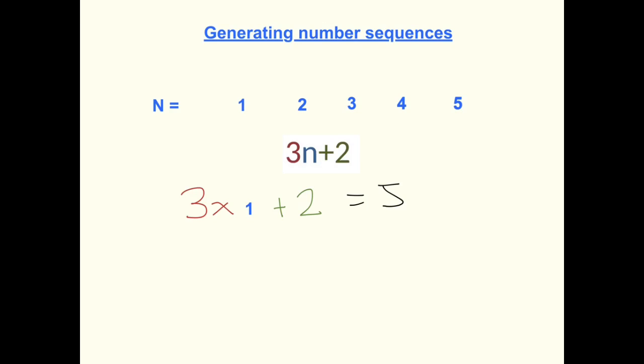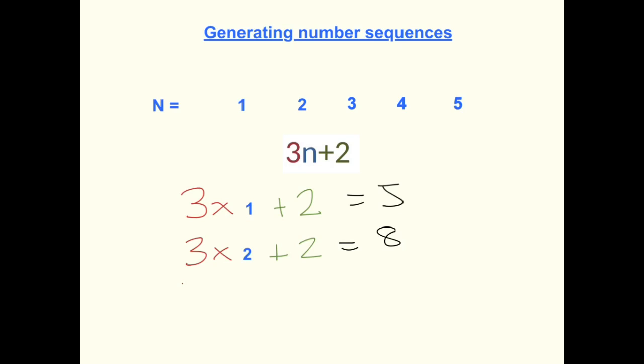Let's do that for the second number. Again, we're going to start off with 3 times the position number, add 2. So 3 times 2, plus 2. 3 times 2 is 6, plus 2 is 8.